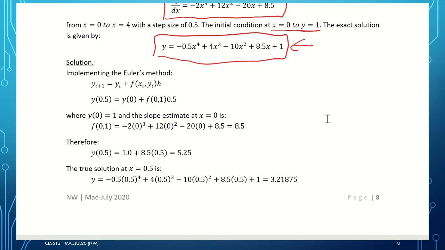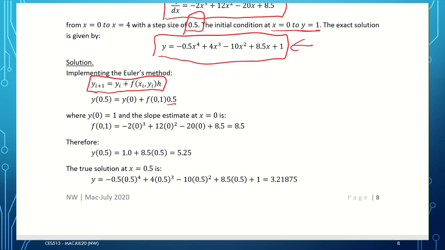By implementing Euler's method, the general form is y i+1, the current y that we want to estimate, equals the previous y i plus the function of xi and yi, or the slope in this case, multiplied by the step size h. The step size is 0.5, so we use that 0.5 in the equation.